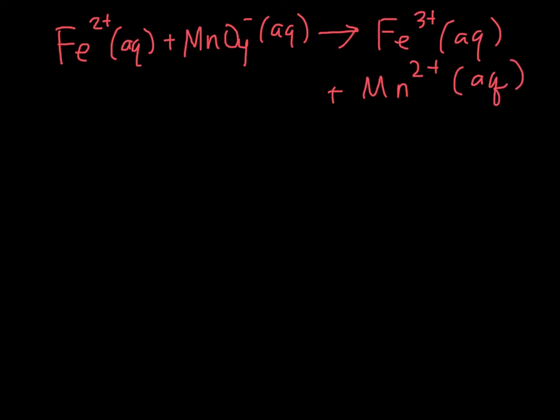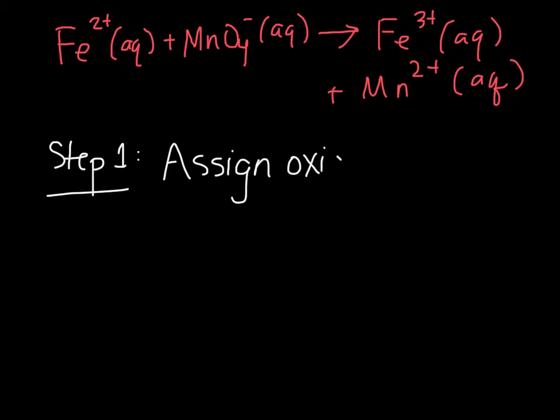So this is the reaction that we are going to attempt to balance. The first step is that we need to identify the oxidation state of each atom so that we can then identify which atoms are being oxidized and which are being reduced. So the first step is to assign oxidation states.